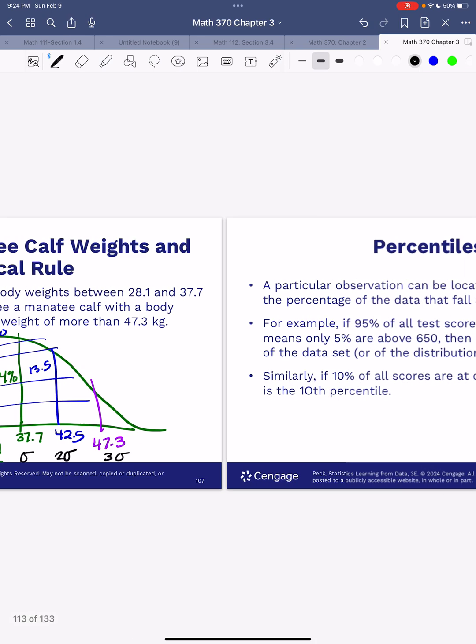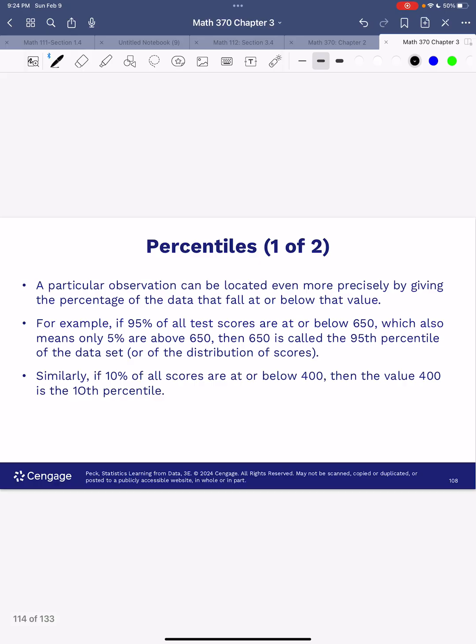So again, we are just putting percentages to where we believe the majority of our data will fall, or not just the majority, but where chunks of our data will fall.